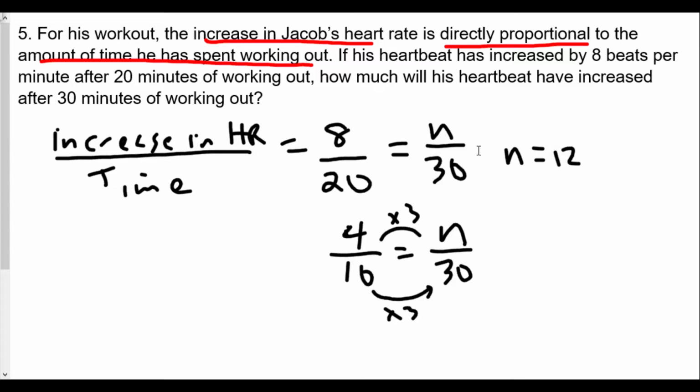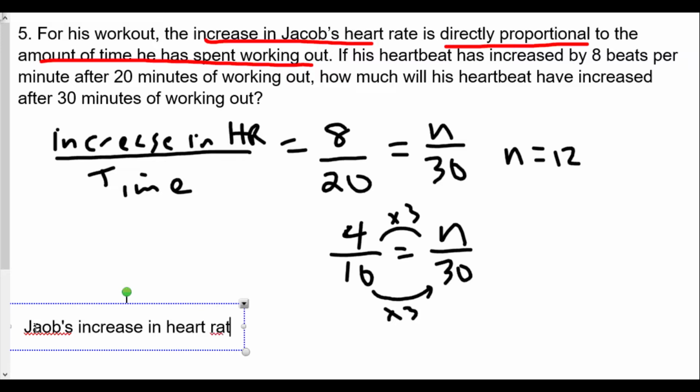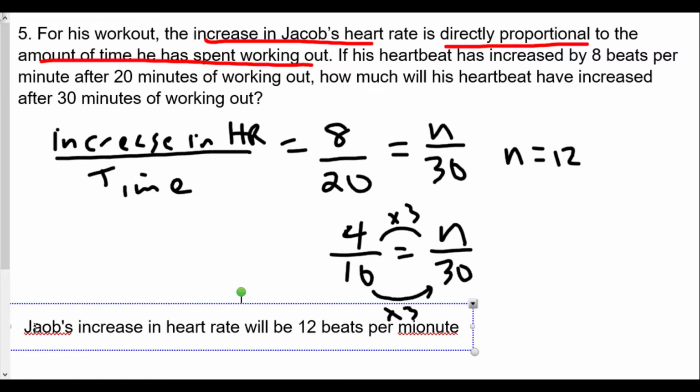And we'll summarize this in our following statement, saying that Jacob's increase in heart rate will be 12 beats per minute after a 30-minute workout.